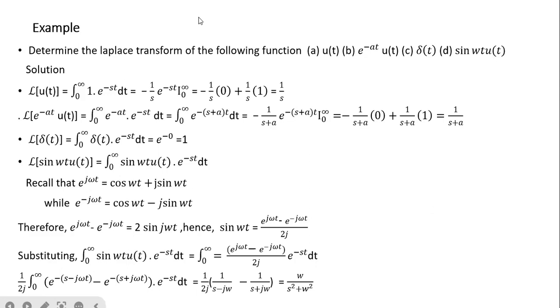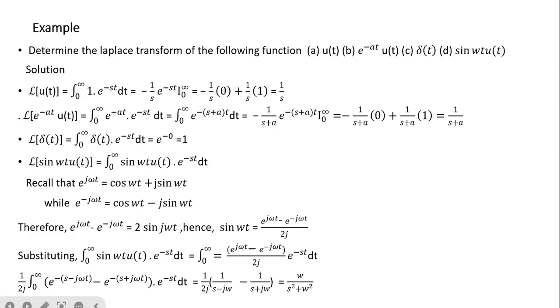Then you know it's going to be the upper limit minus the lower limit. That is minus 1 over s, imputing the infinity, then minus, because mind you, you are subtracting the lower boundary, which is 0. When you impute 0 here, anything raised to power 0 is going to be 1, if you still recall your mathematics well.